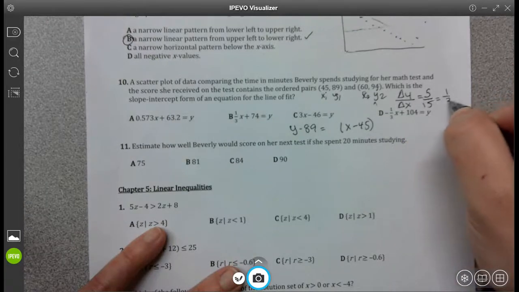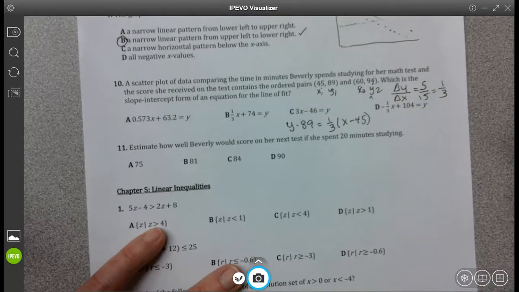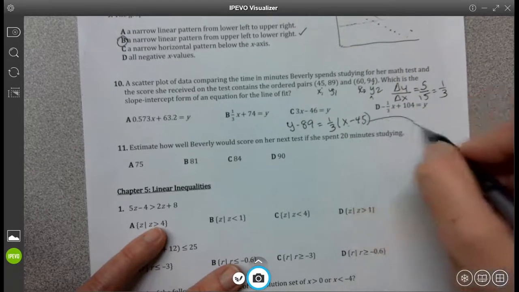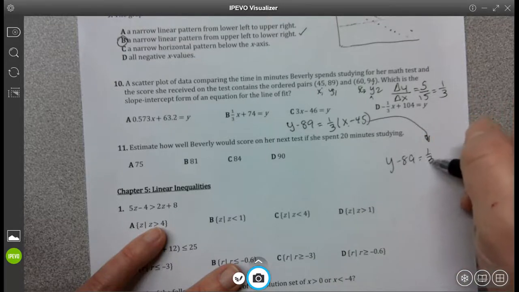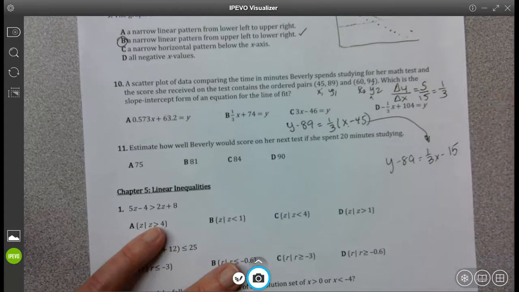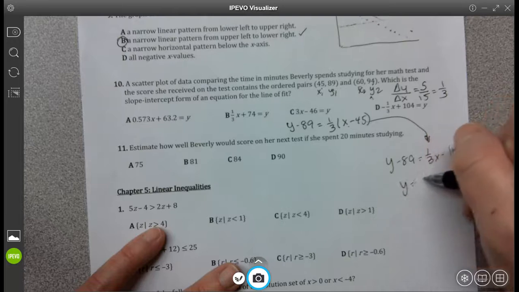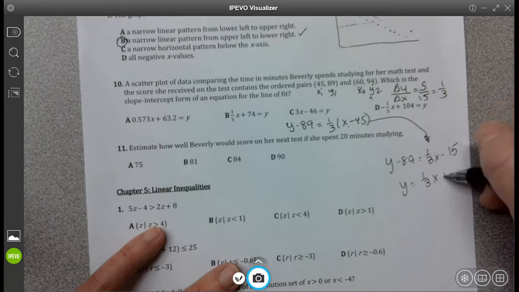So it's a third. So when you clean it up, you are going to get y minus 89 equals 1/3 x minus a third of 45, which is 15. And then bring it to the other side. You're going to get 74.